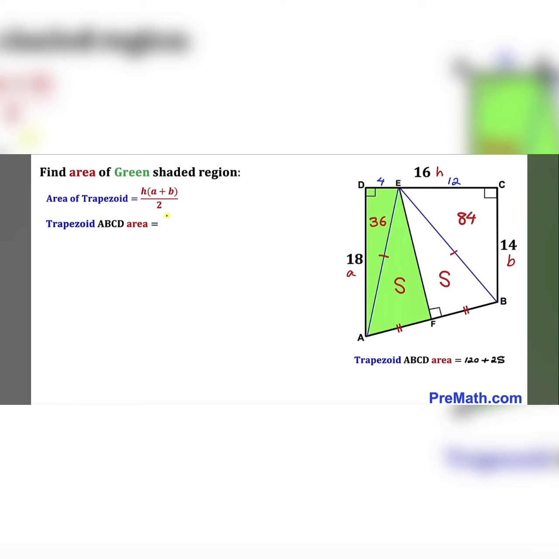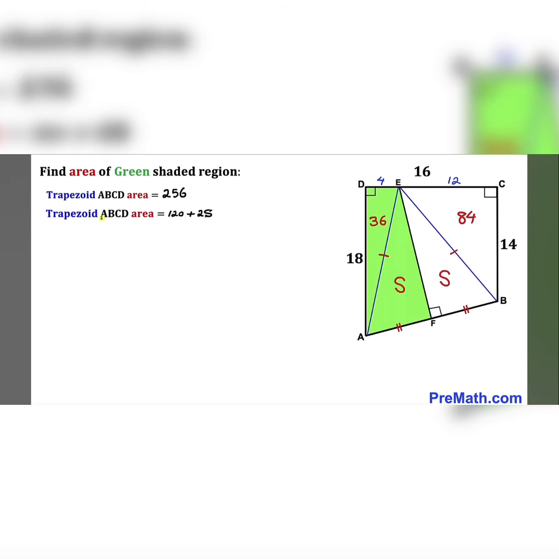This is going to be 16 times 18 plus 14 all over 2. If we simplify that, that is going to give us 256 square units. So therefore the area of our trapezoid ABCD turns out to be 256, and furthermore the area of trapezoid ABCD is equal to 120 plus 2 times S.